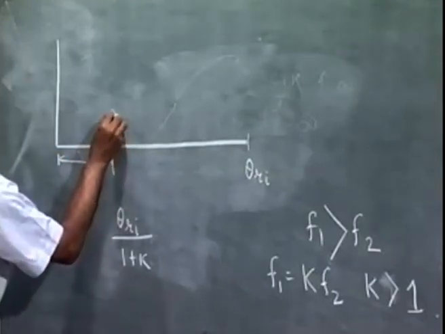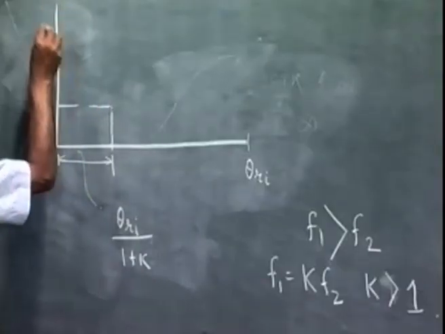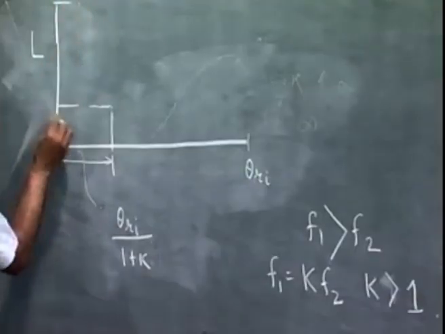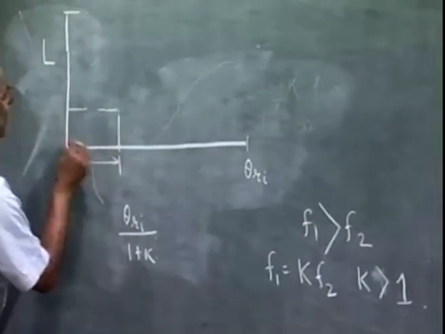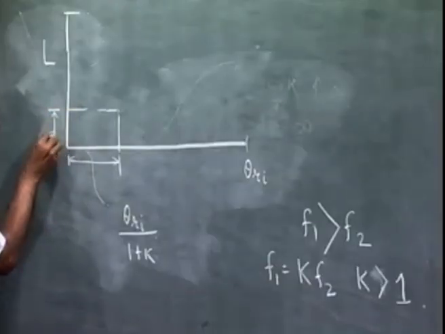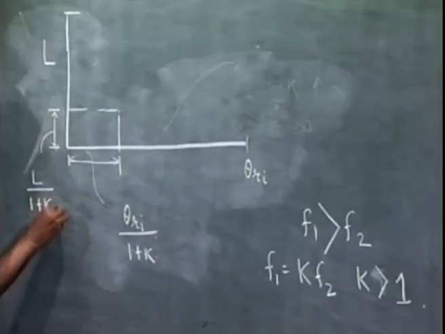And with this, how much of the lift will be covered? If this is the lift, then the rise with constant acceleration F1 will be L divided by 1 plus k. This is very easy to see.